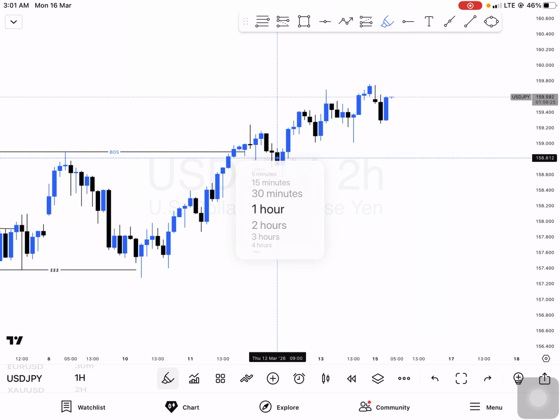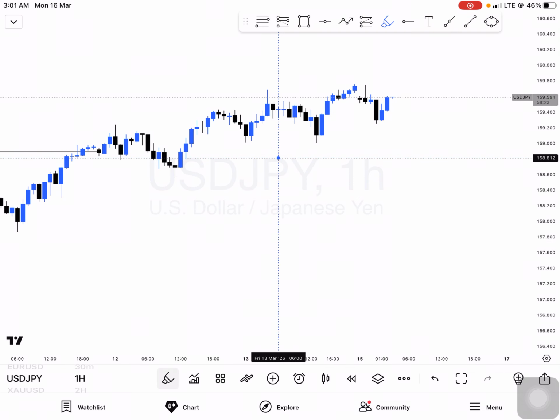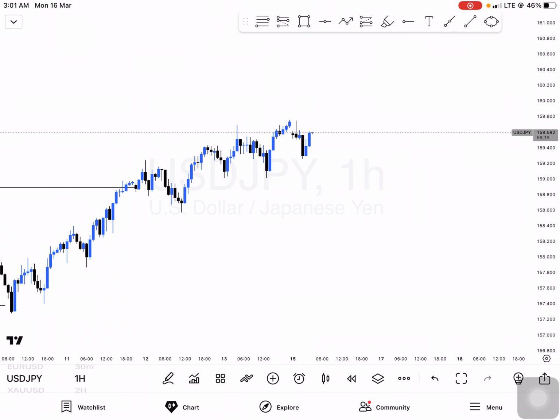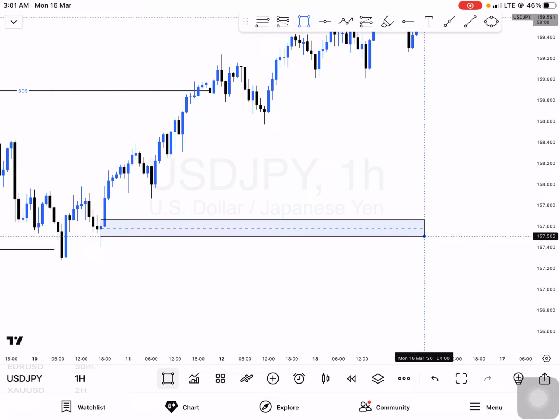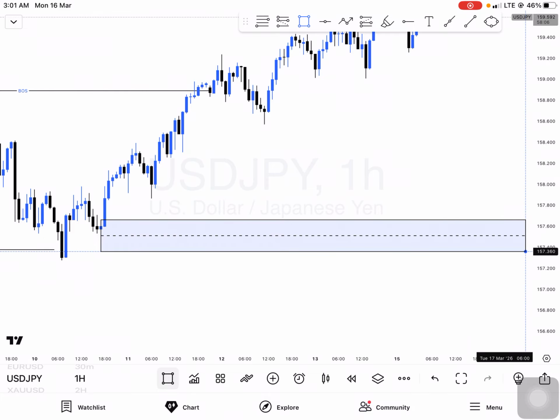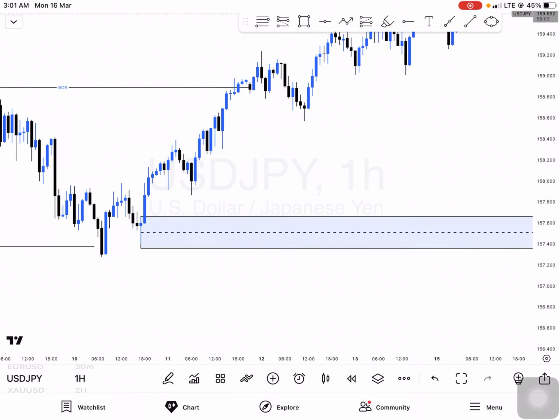So I moved into my 1-hour time frame. My 1-hour time frame should give me something beautiful here. On the 1-hour time frame, we are having this order block here, which is very, very good.